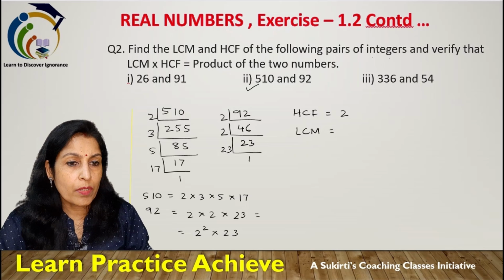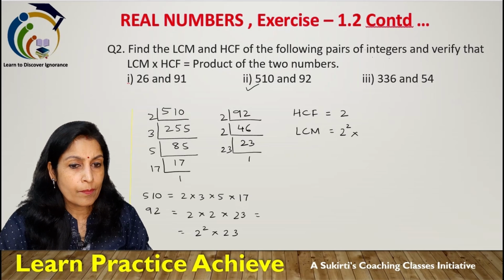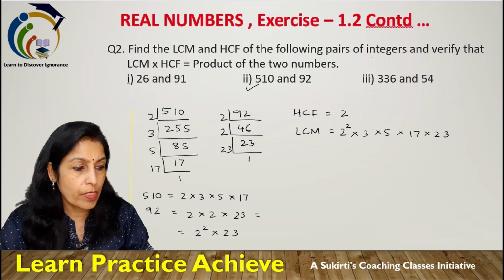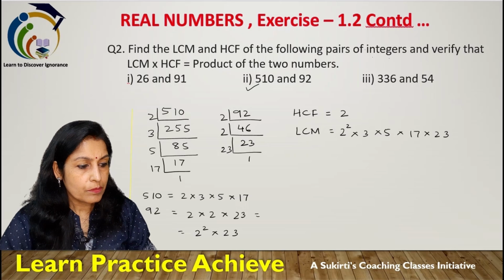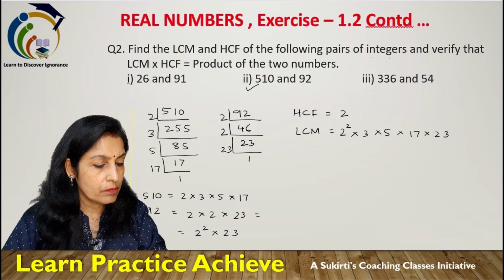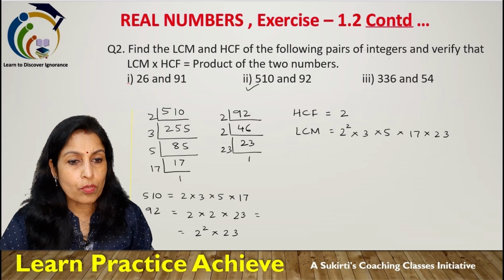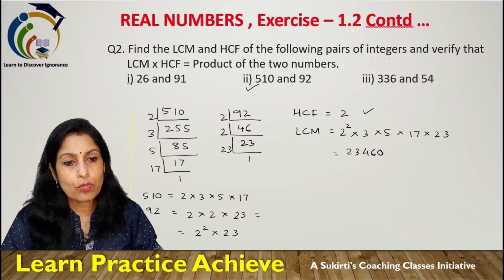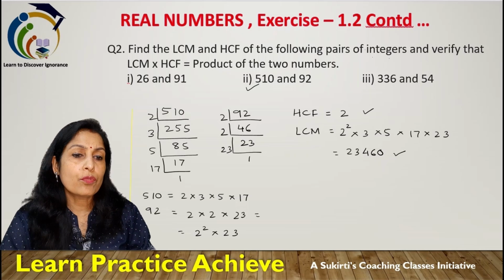So the highest power is 2 to the power 2 and the remaining numbers with their powers, that is 3 into 5 into 17 into 23, and that is equal to 23460. So here SCF is equal to 2 and LCM is equal to 23460.